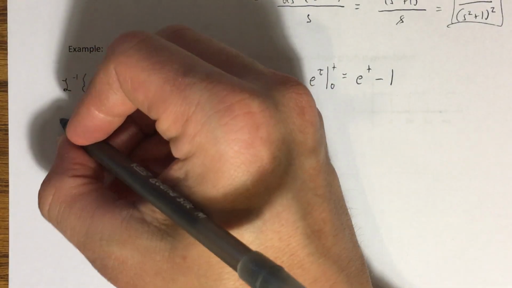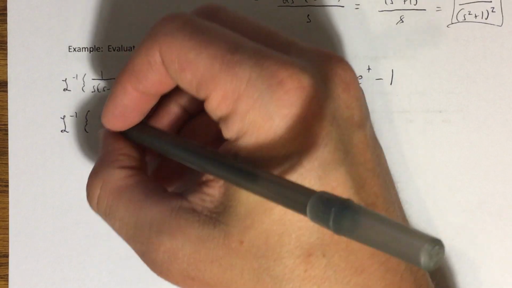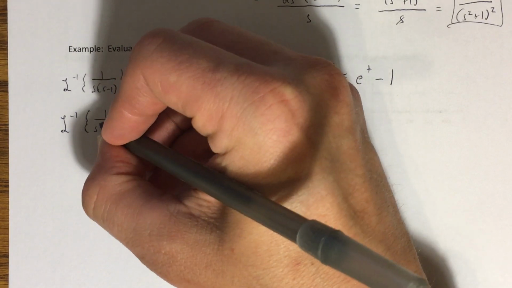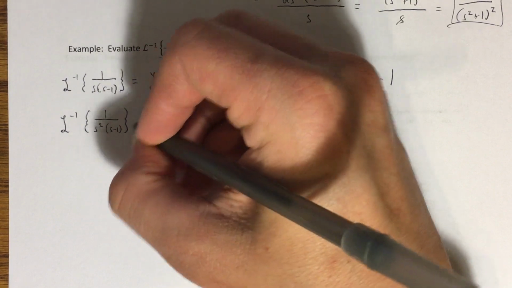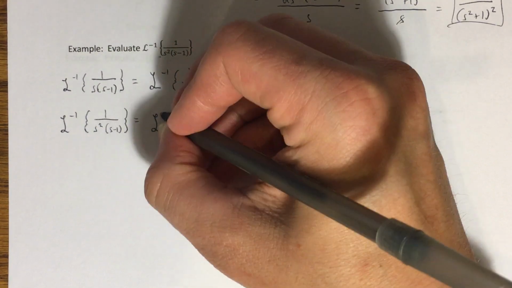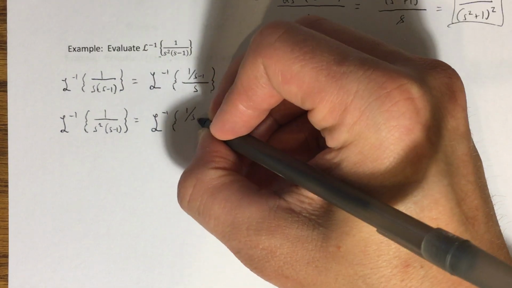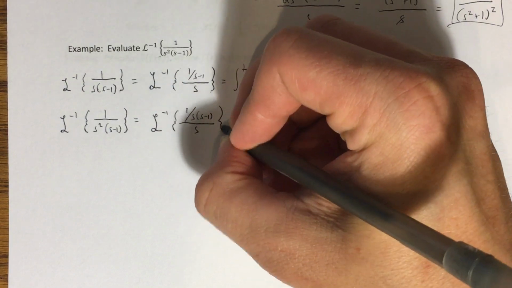So now let's look at this one right here: the inverse Laplace transform of 1 over s squared times s minus 1. Notice this can be written this way: 1 over s minus 1, all over s.